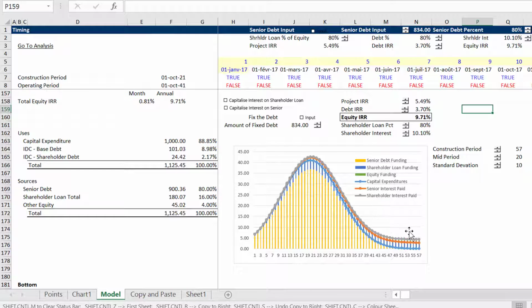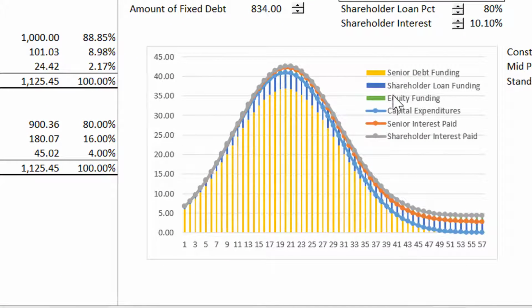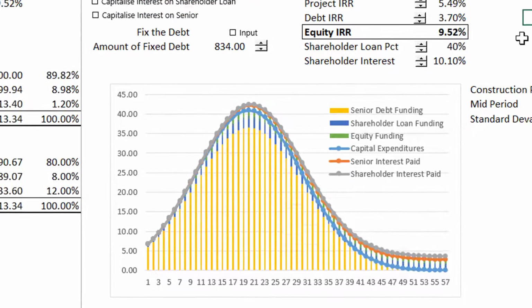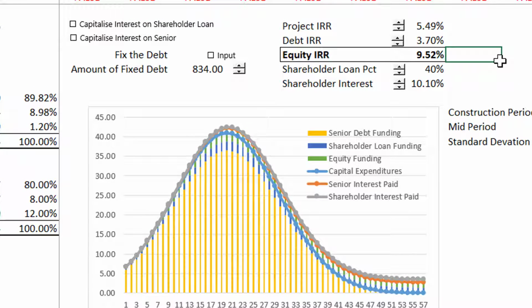Okay, that's the total uses of funds, and then the bars here are the equity and the shareholder loan and all that. And I allowed you to put a different level of a shareholder loan, and there are no taxes in this model either, which taxes I always thought was the reason you made a shareholder loan, if you could get away with it.